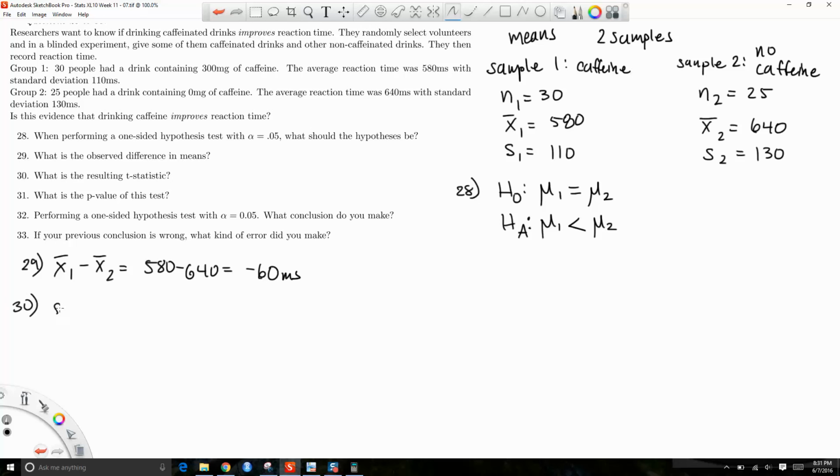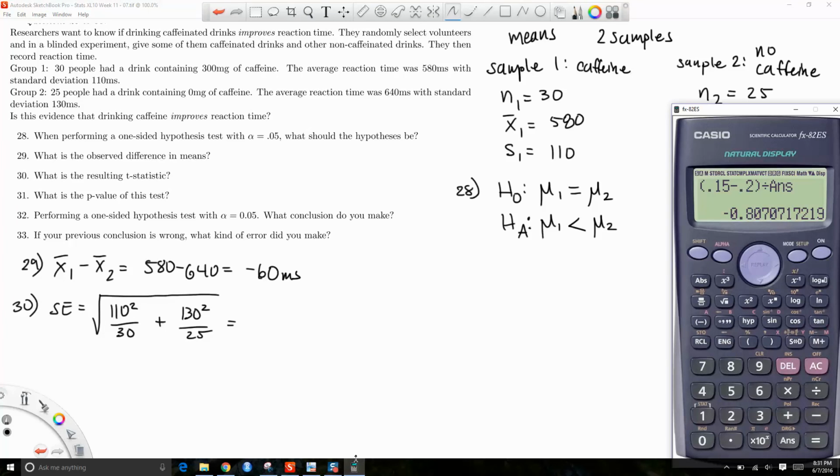First we've got to figure out our standard error, which is going to be the square root of 110 squared over 30 plus 130 squared over 25. I punch that out and I get 32.85.